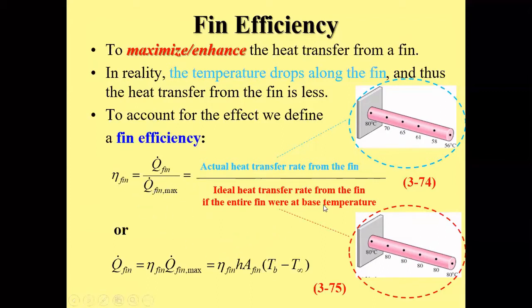This is the case where there is no temperature difference within the fin. So this is a very ideal case that will not happen, right? We see that this is the maximum heat transfer rate that we will obtain if the temperature throughout the fin is the same as the base temperature.